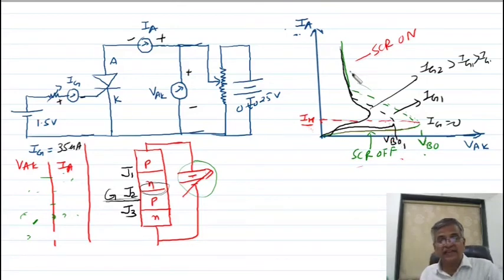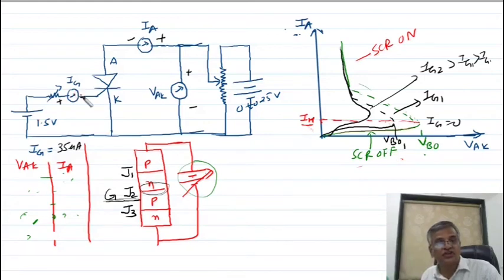Now once the SCR is on, then to bring the SCR from the on conduction state to the off state, you have to reverse the voltage across anode cathode, or you have to remove this voltage. Means with the help of gate current you cannot bring the SCR from on state to off state.